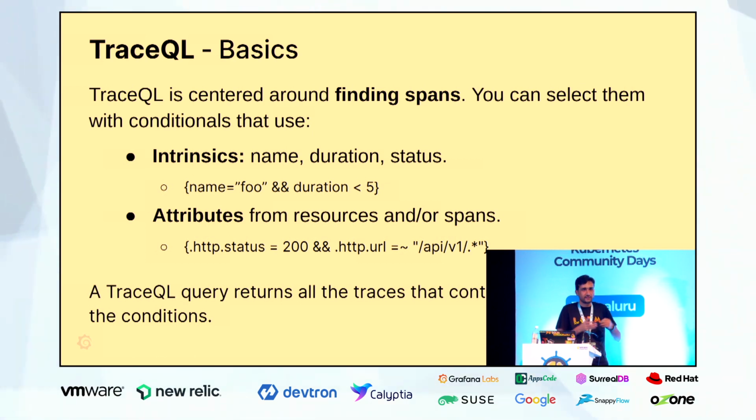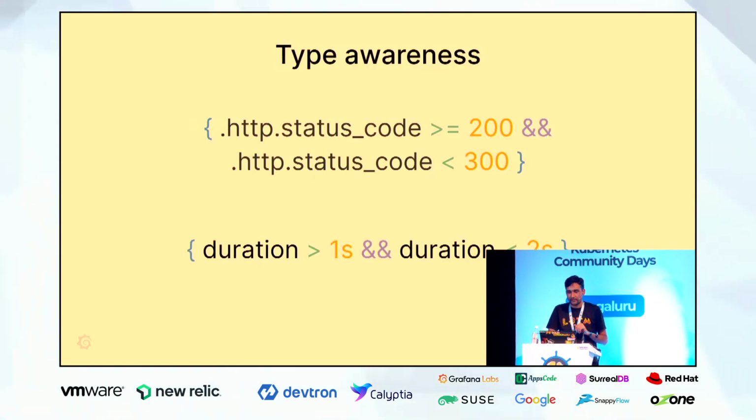So you can ask, give me a span with name foo and duration more than 5 seconds. Or you can say, give me all the requests where the response was 200 and they were in the API v1 path. Here we're doing a regular expression.